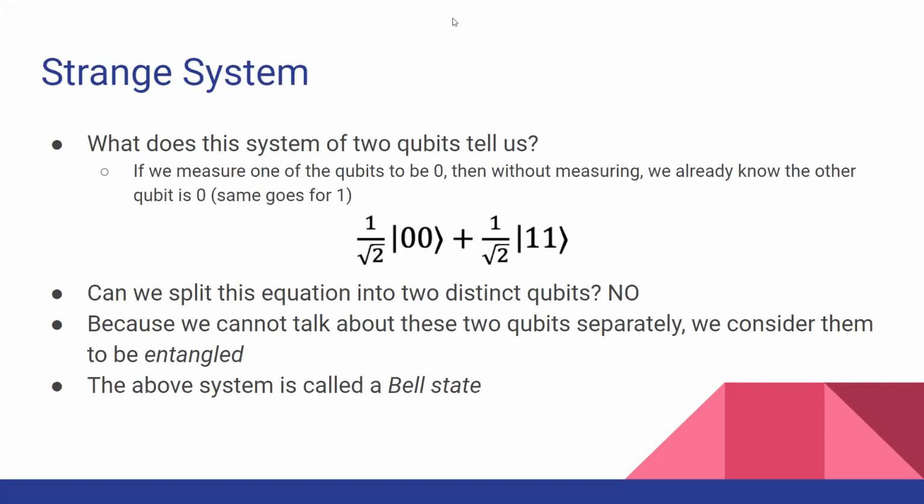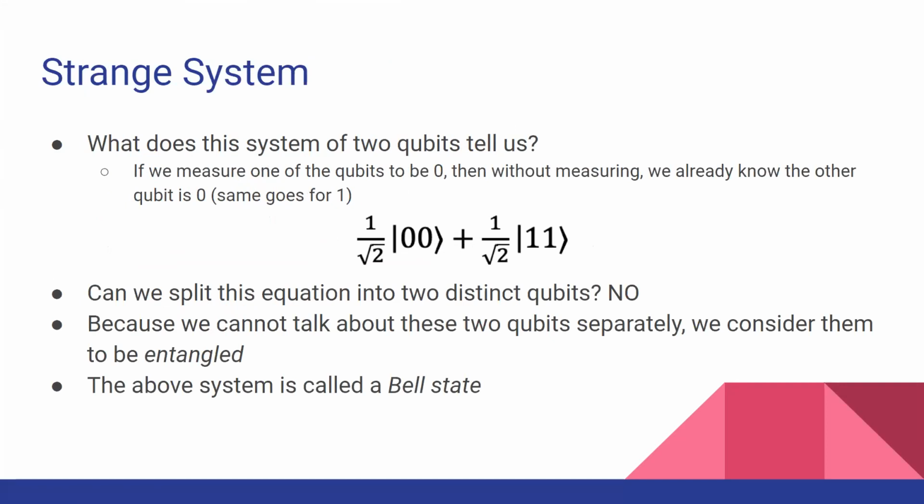So we talked about now a system of 2 quantum bits. Now I'm going to pose this equation right here. This is an interesting equation, and notice that it only has 2 states, even though we're using 2 qubits. And I showed you in the previous slide the states 0, 0, 0, 1, 1, 0, 1, 1.